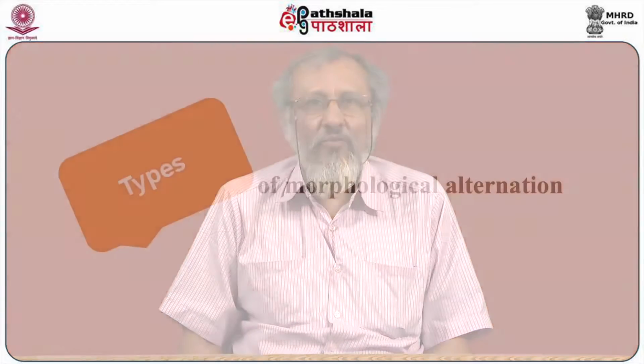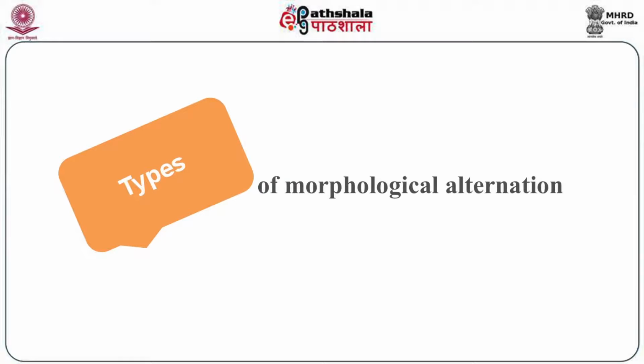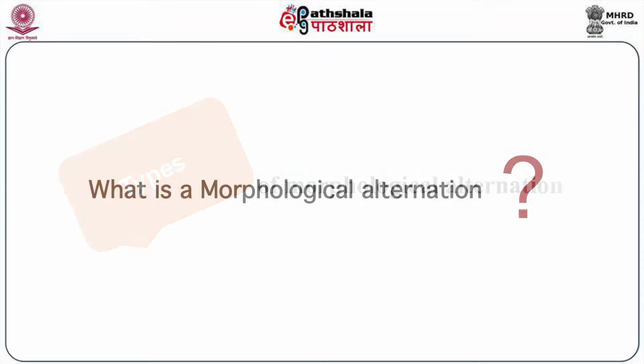Now, one way to group the special phenomena, which is shared by all approaches to morphology, is to classify morphological alternations into 3 types. Before we begin to classify morphological alternations, naturally you will ask us, what is a morphological alternation?